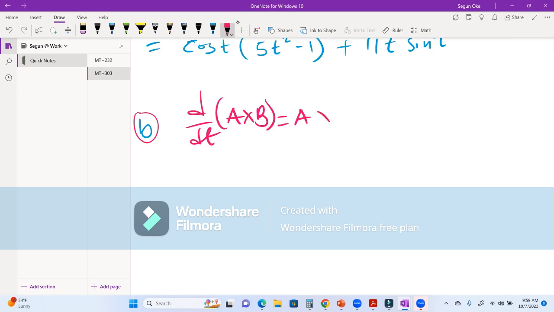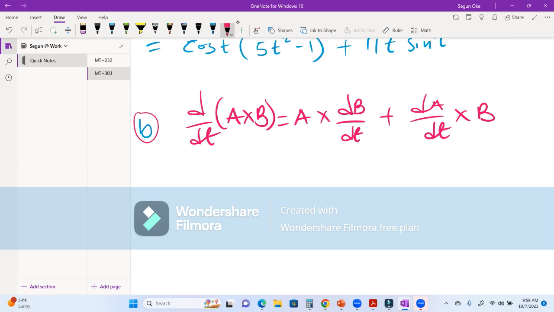A cross dB/dt plus dA/dt cross B. Don't forget.